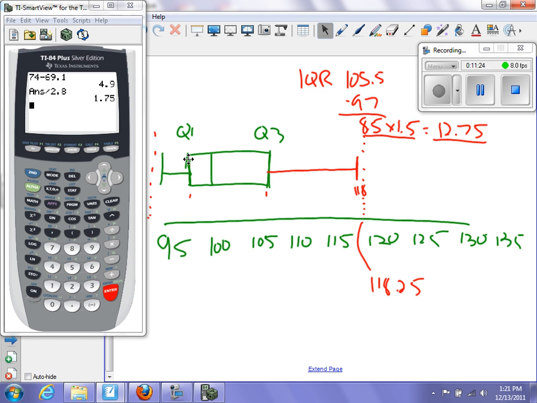If our whisker and our fence is at 118, can you see from the histogram about how many outliers we might have? It looks like a dozen, a ton of outliers. So I would just go like this, and those would be my outliers.